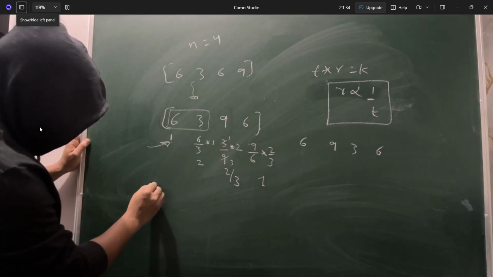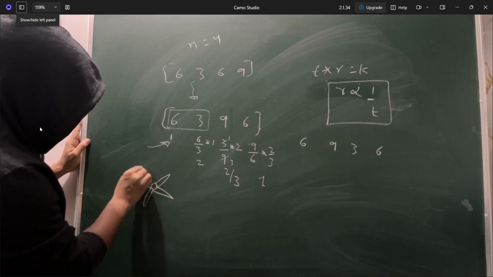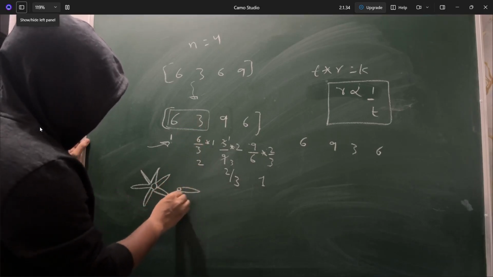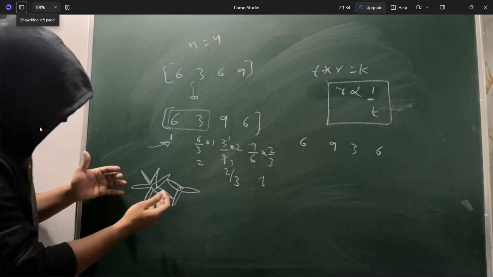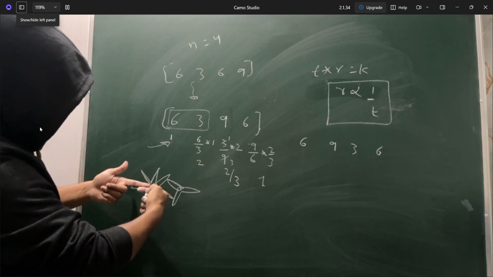So the first one has 6 teeth: 1 2 3 4 5 6. The second gear has only 3 teeth: 1 2 and 3, let's say. If you try to visualize, 6 teeth you have, and these will all be connected.